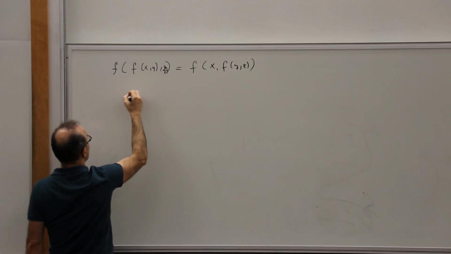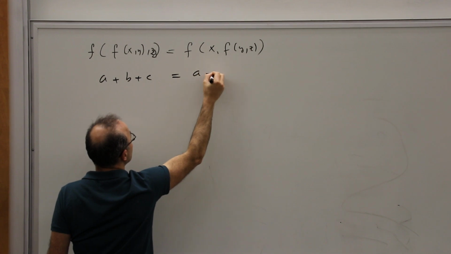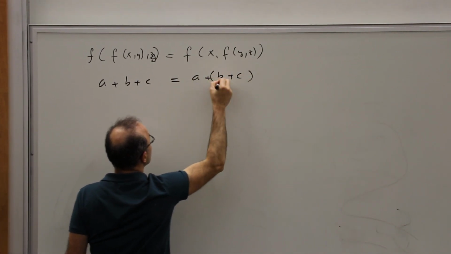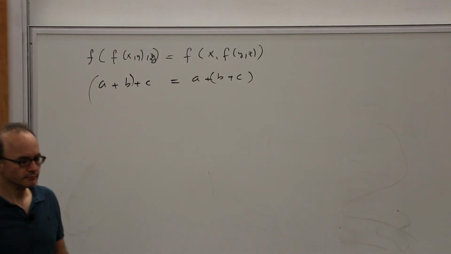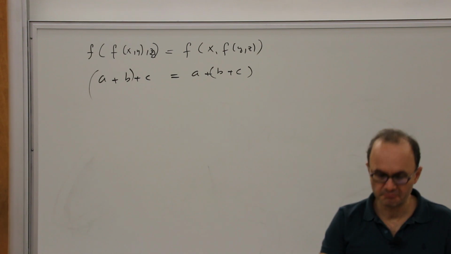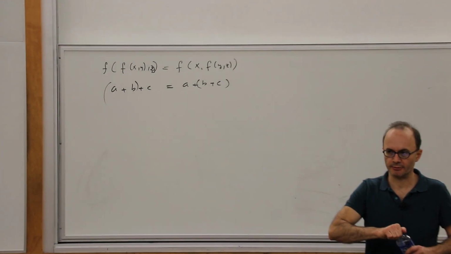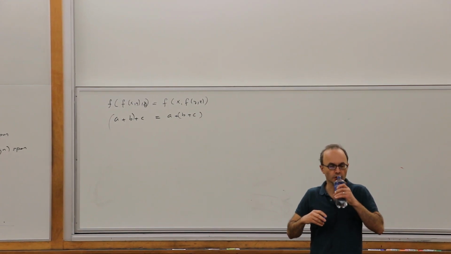In other words, an example is if your function is plus, you prove that this parenthesization is the same as that parenthesization. And that can require considering a few cases, but it's just straightforward case analysis pretty much. Okay, questions? Good.